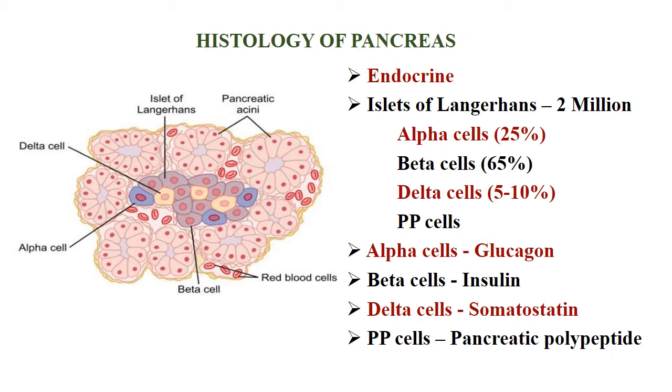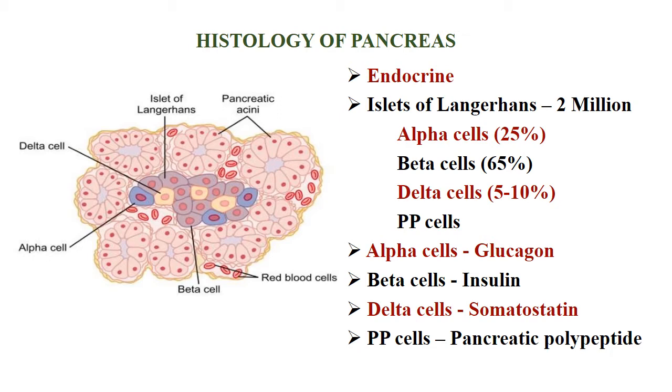Histological studies of the pancreas show two types of cells: exocrine cells and endocrine cells. In between the exocrine cells, that is in between the acinar cells of the pancreas, here and there groups of cells are present. They are found as islands, and those cells are the endocrine cells.